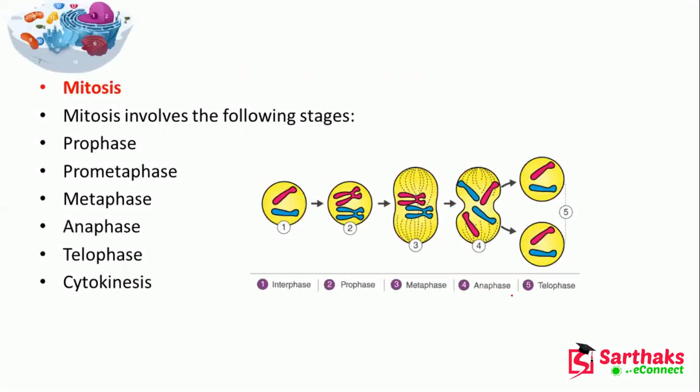Now mitosis. Mitosis involves the following stages: prophase, prometaphase, metaphase, anaphase, telophase, and cytokinesis. Look at the picture and it will be very clear. First is the interphase.